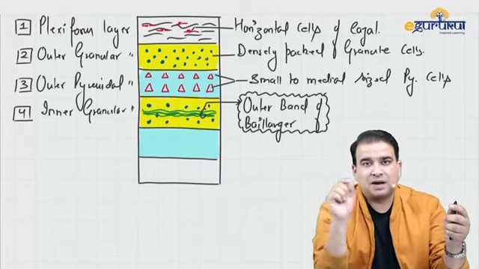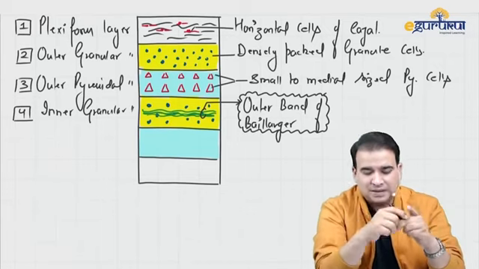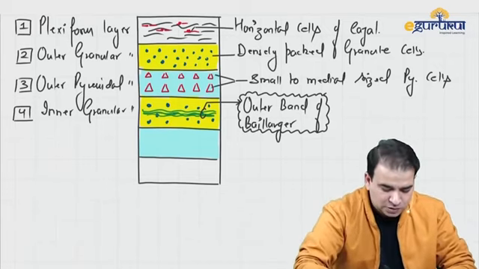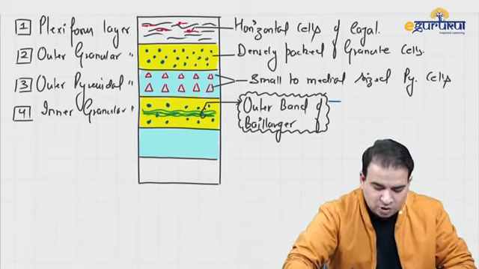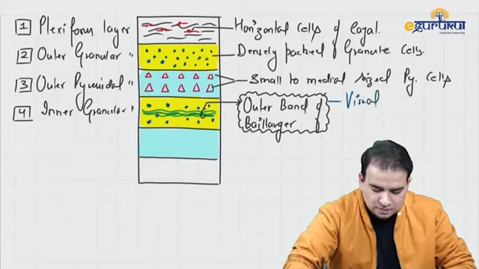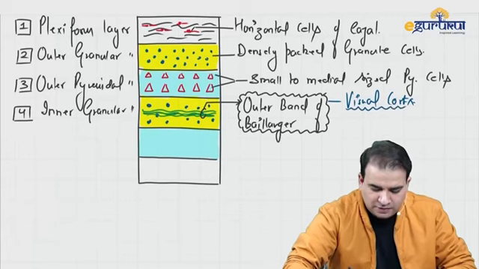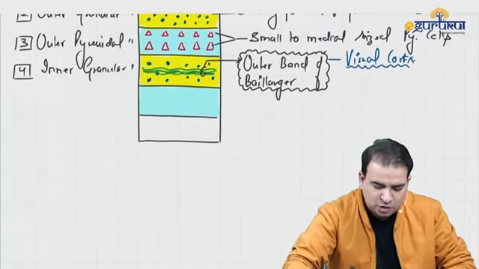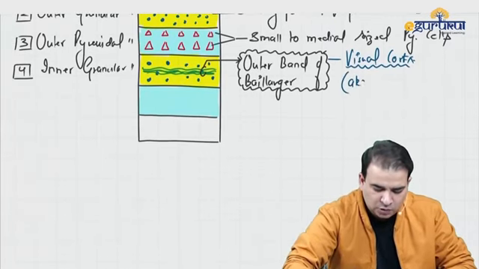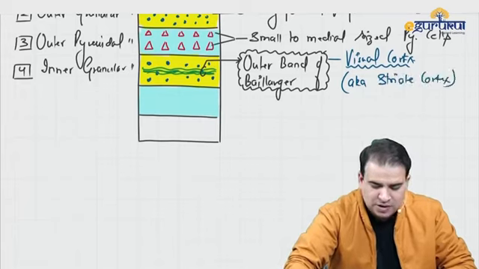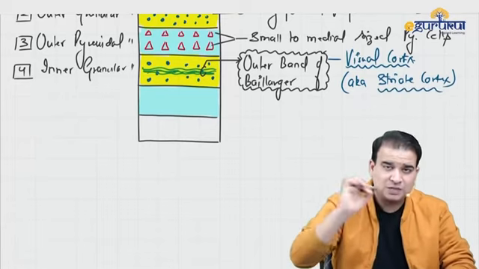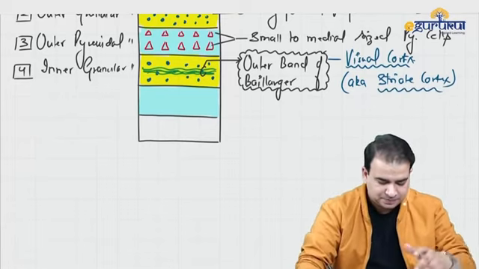Those lines are nothing but the striations, and that is why the visual cortex is also called the striate cortex. These are a very important and definite feature of the visual cortex, which is called striate cortex because of the striations you see in the inner granular layer.